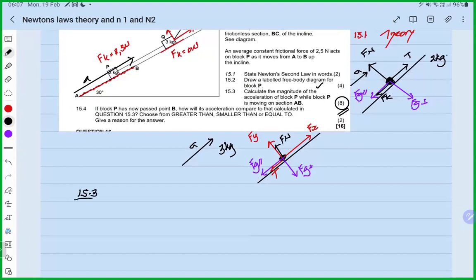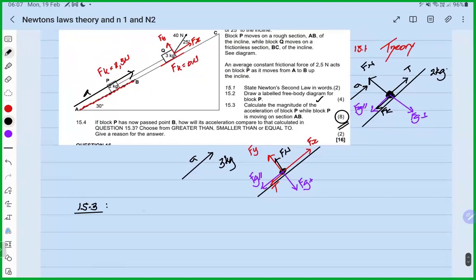we set up an equation for Newton's second law on the 2 kilogram. And again, forces pointing upwards are positive because it's accelerating upwards. The ones going down are negative. F net equals ma.